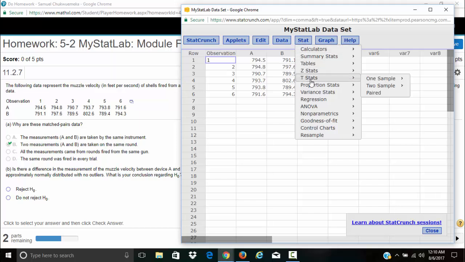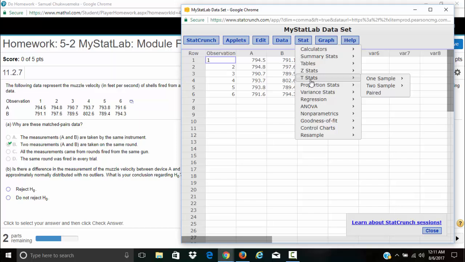This is not a proportion anymore. When you're given sample data and you're not given the population standard deviation, you have to use t-stats. If you're given the population standard deviation, you use z-stats.